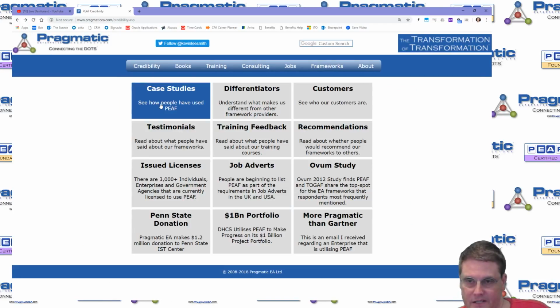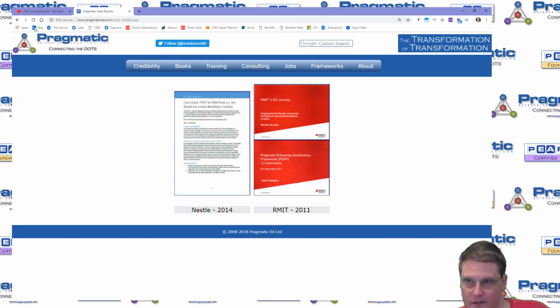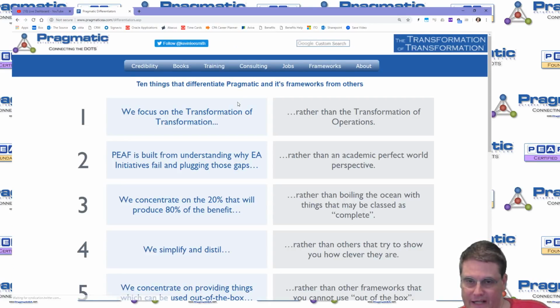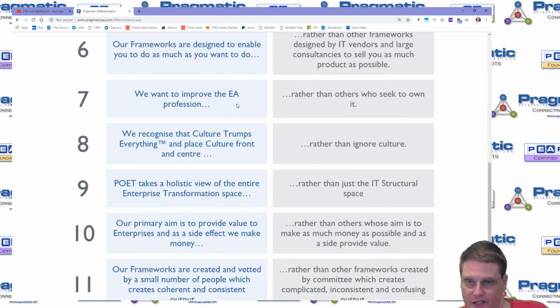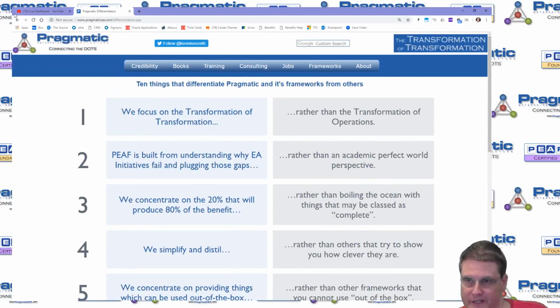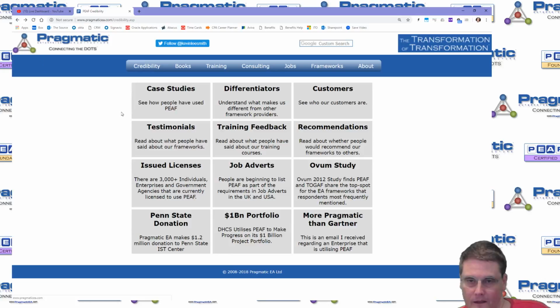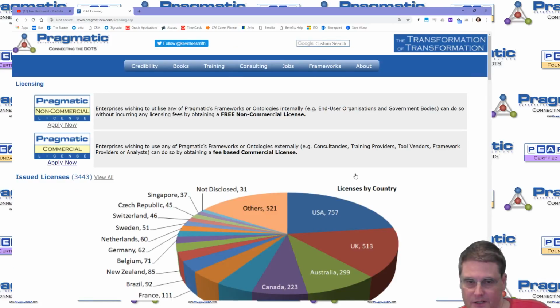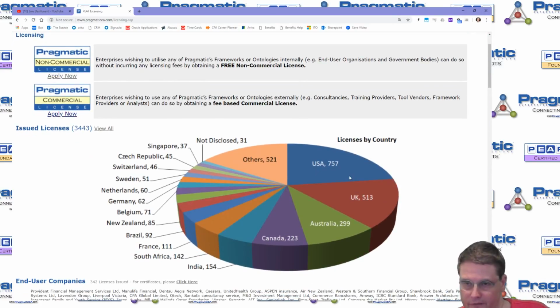There are some case studies which you can read. There are what we describe as our differentiators, what differentiates us and our frameworks from other companies and their frameworks. Training feedbacks, the testimonials, the number of licenses. So there are currently 3,400 licenses that have been issued.